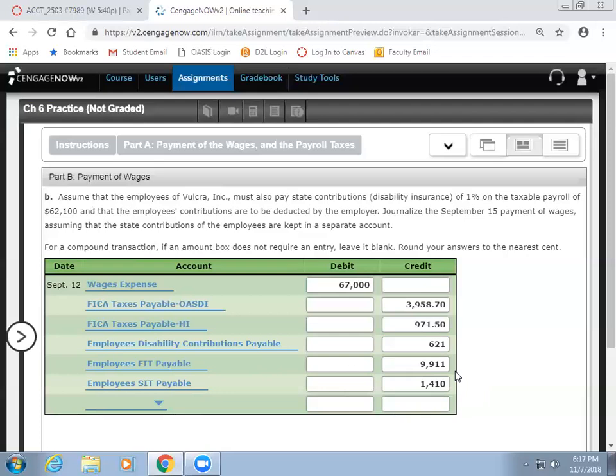So again, we're really taking the 67,000 minus now all 5 of these deductions. So now we should get $50,127.80. So it just reduces our net pay to our employees since we're withholding an additional tax there. Not tax, but a state disability insurance policy.